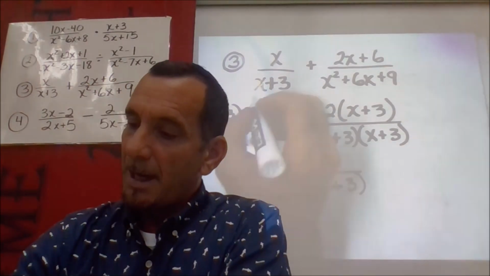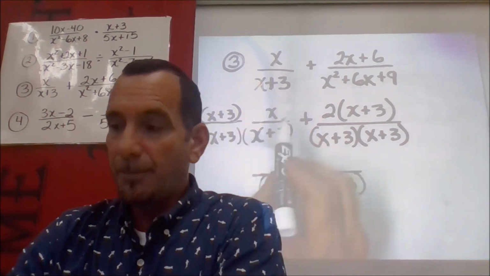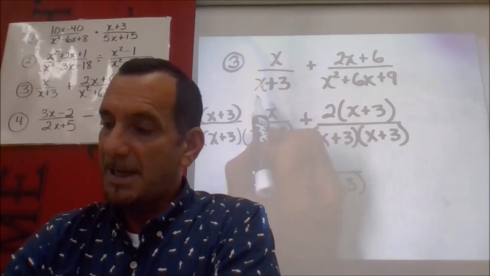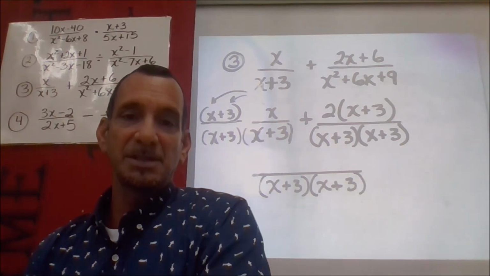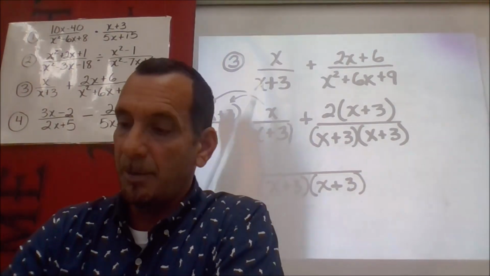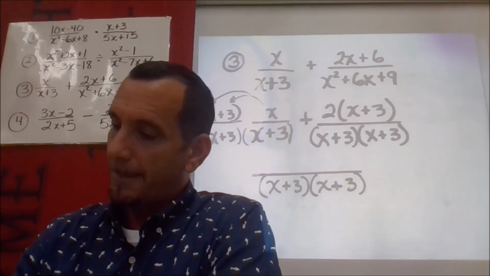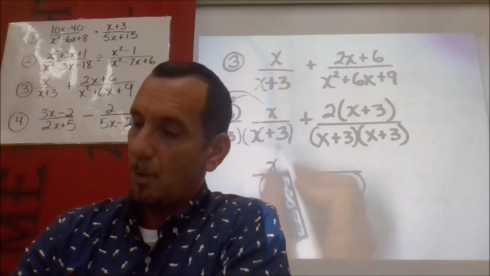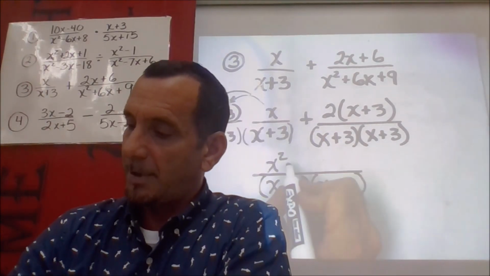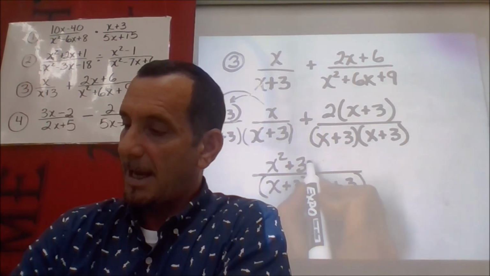Here we go. See this x plus 3? We're going to multiply it times x. So I'm going to kind of distribute, which is fine. I'm doing it backwards, but I wanted to write it over in this column. X times x is x squared, and x times 3 is 3x.